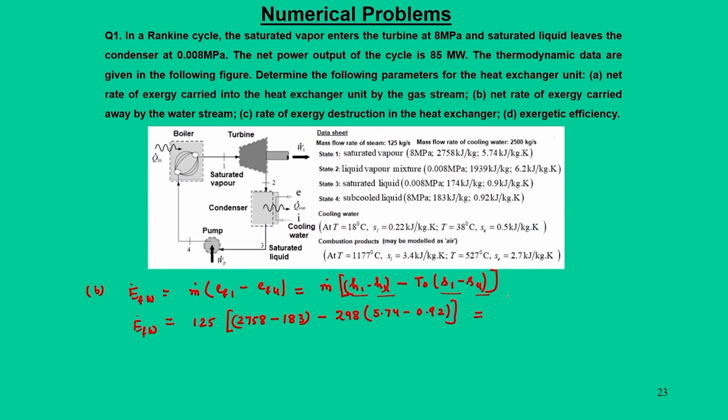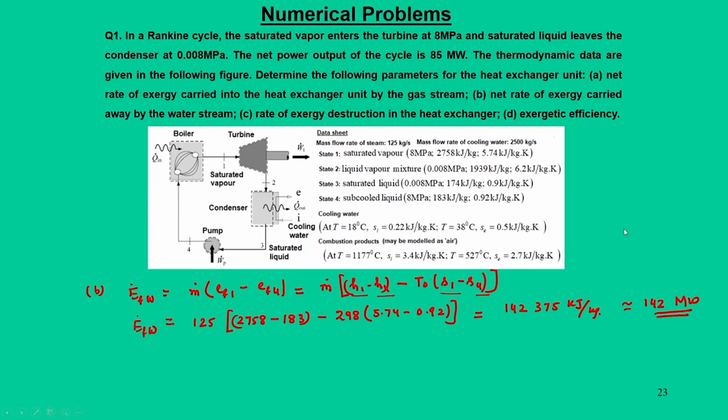So, this number is 142,375 kilojoule per second. So, approximately only 142 megawatt of exergy is being taken away.